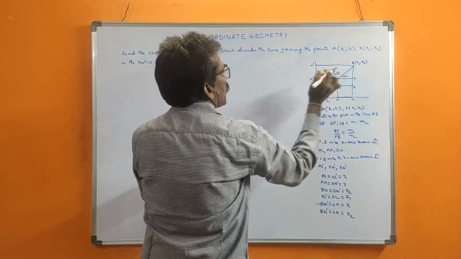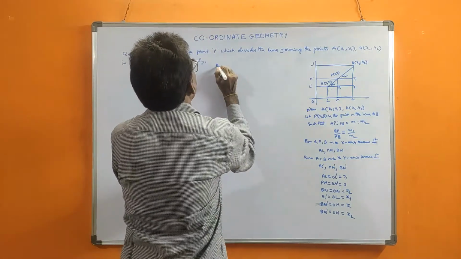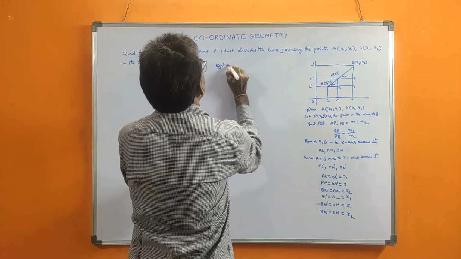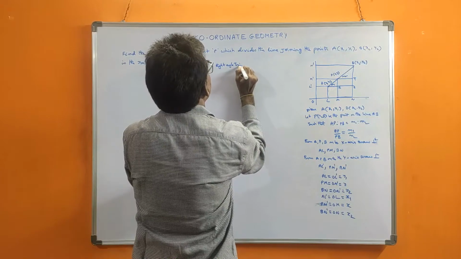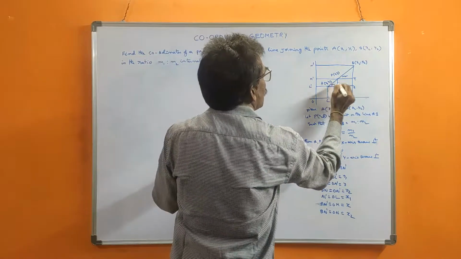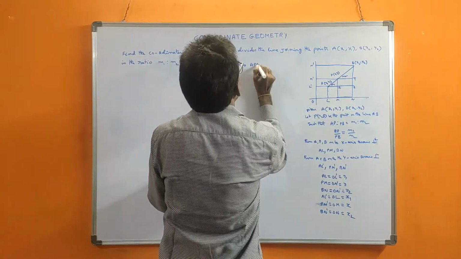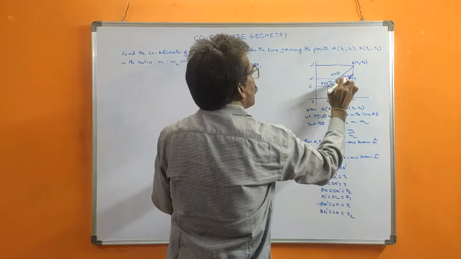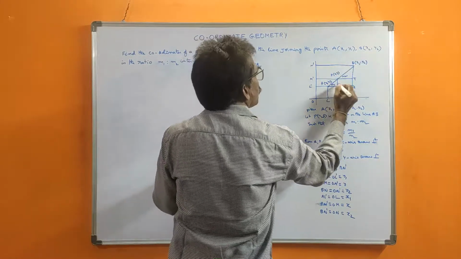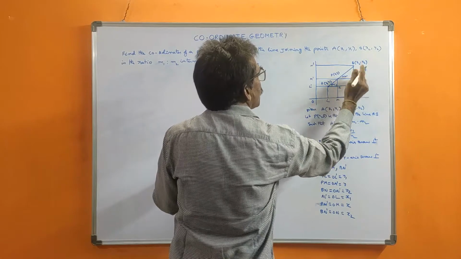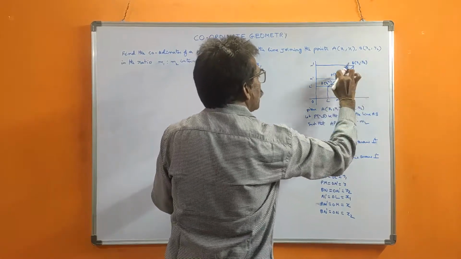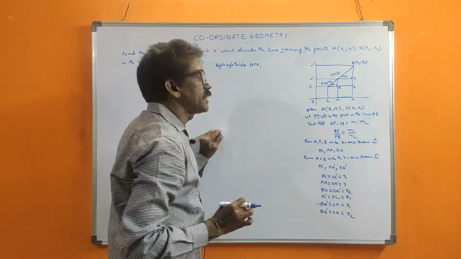Right angle triangles APR, comma, PBT, because this is a right angle, the x axis, y axis intersection. The x axis, y axis intersection is 90 degrees.